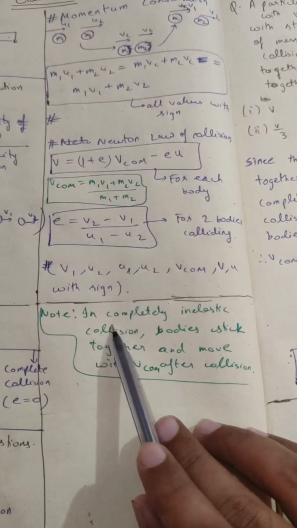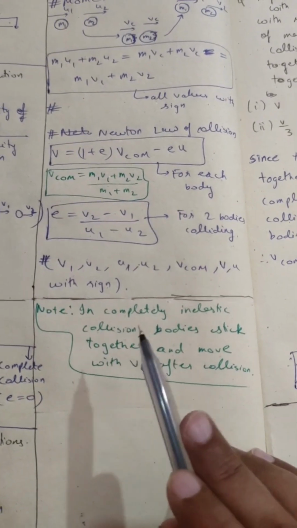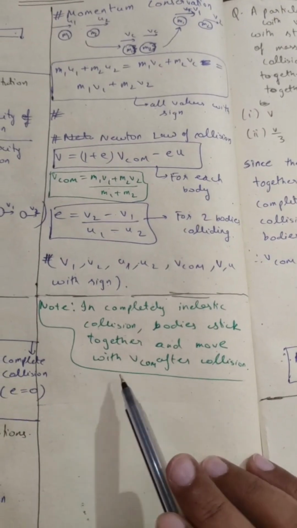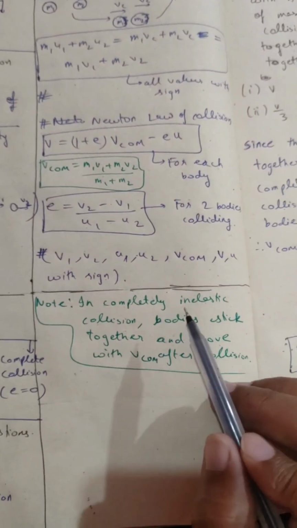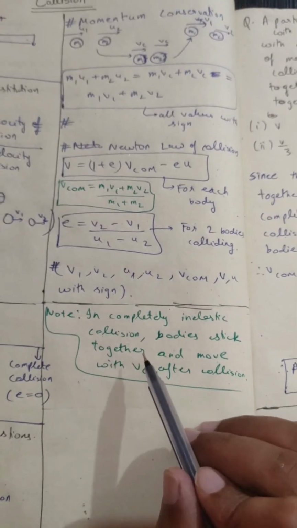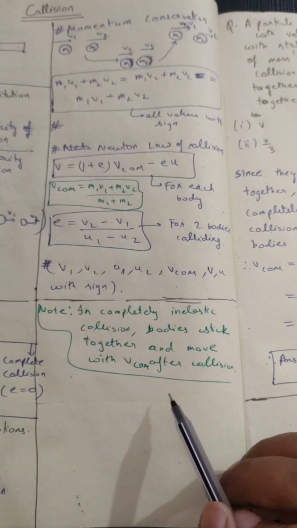And this is one important point: in a completely inelastic collision, the bodies stick together and move with VCOM after the collision.